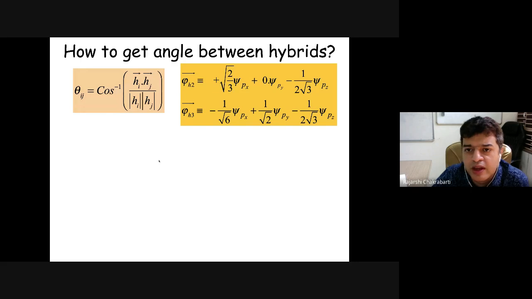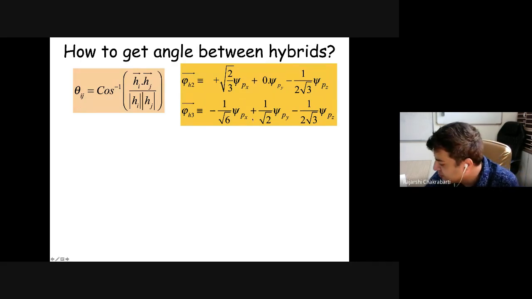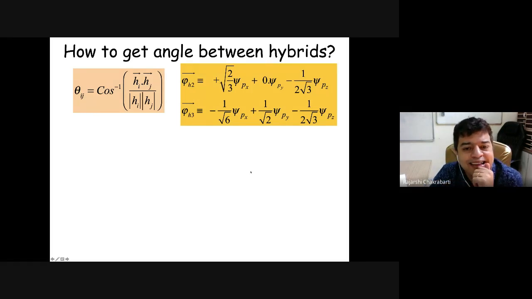So I give you these two orbitals, for H2 and H3, whatever, it doesn't matter. How do you calculate the angle between them? These are given. How to get the angle between these hybrid orbitals?